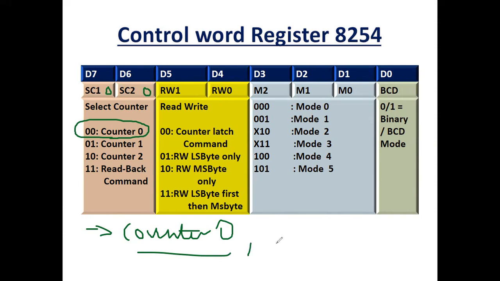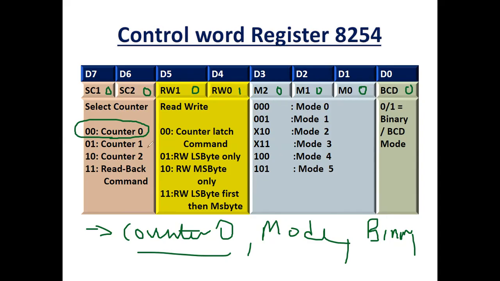And if you want to operate your counter in mode 0, then what will you write? You will write 000 in the positions of D1, D2, and D3. Now again, if you want your counter and timer to work in binary mode, again you will write 0 over here. And if you want to read only the LSB byte, then you will write 0, 1 over here.